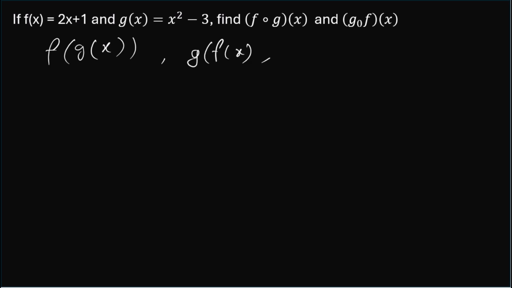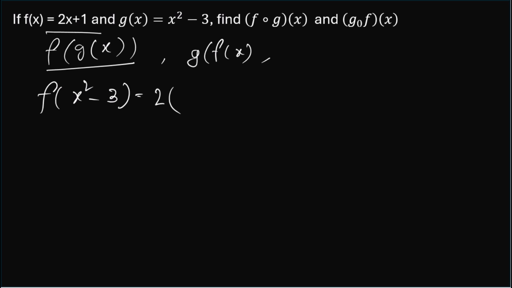So first, g of x equal x power 2 minus 3, and the function f of x equal 2x plus 1. So we need to replace the x value by x power 2 minus 3.